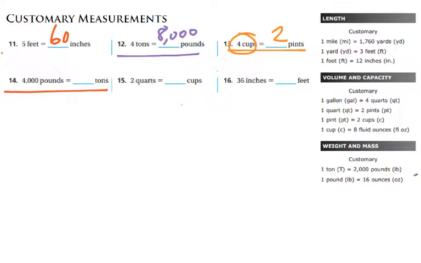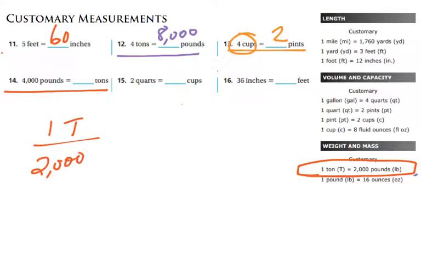This time, I have 4,000 pounds equals something tons. Oh, we worked with this before. Now look at our conversion. 1 ton is equivalent to 2,000 pounds. So I'm going to say 1 ton over 2,000 pounds is equivalent to, well, I don't know how many tons yet, but I do know it's 4,000 pounds.